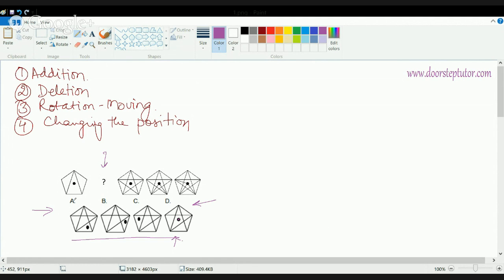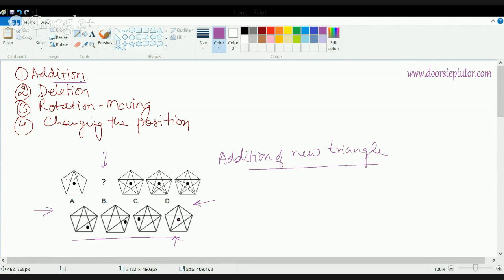Now let's try to evaluate it further. With every step there is an addition of a new triangle. As we can see, there is a triangle.